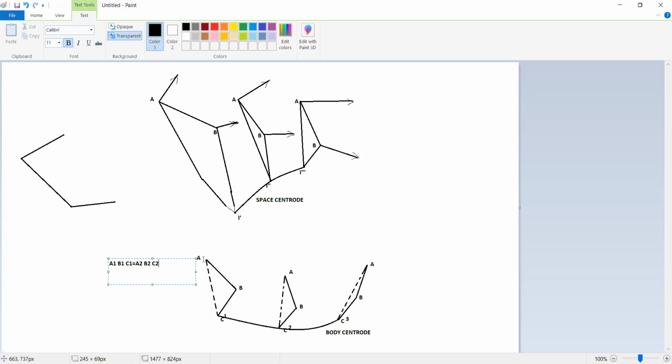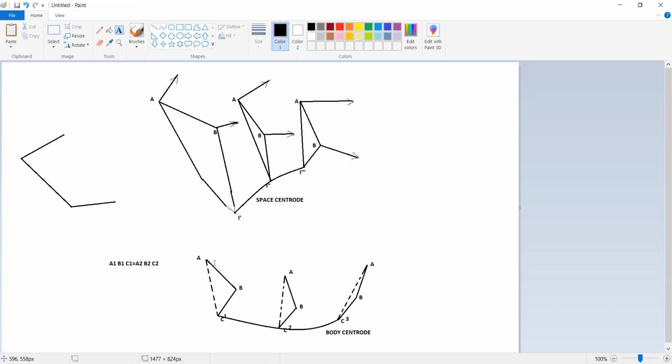See here, I have not named this A1 and B1, but you can consider this as A1 and B1. So A1, B1 and C1 is equal to A2, B2, C2, and similarly it is also equal to A3, B3, C3. So it says that some point will be lying in between on this path.